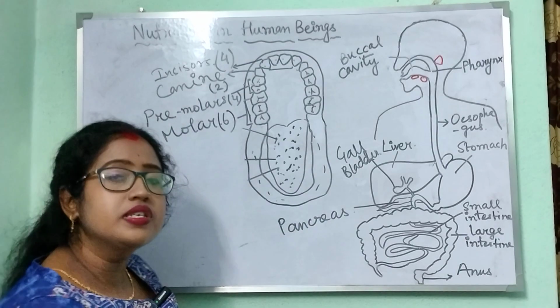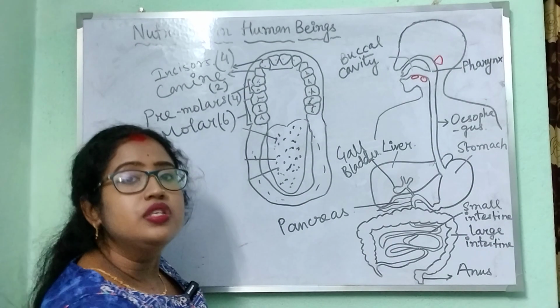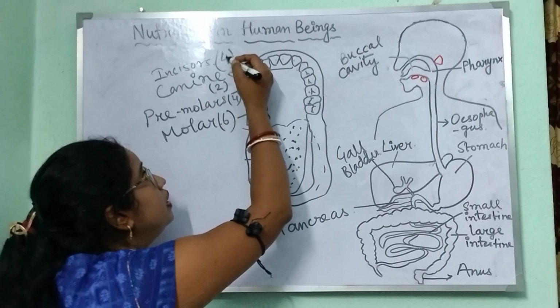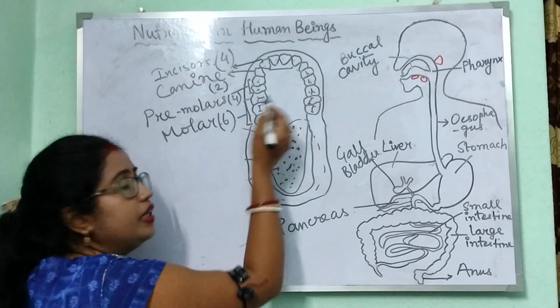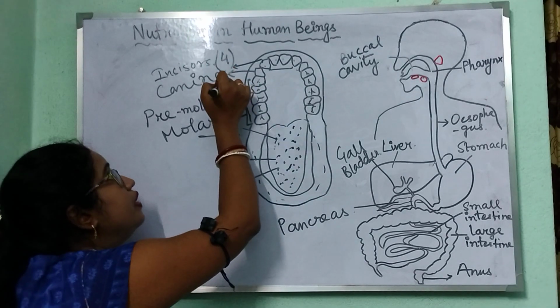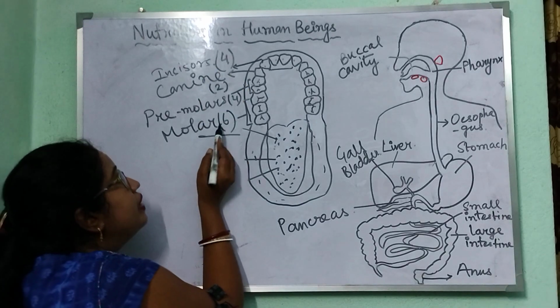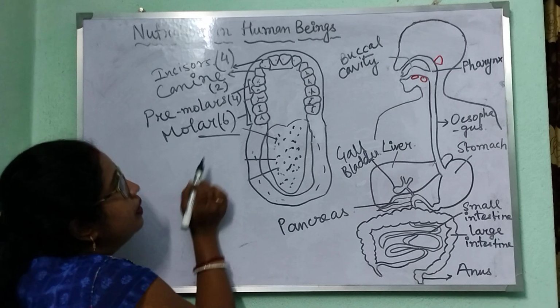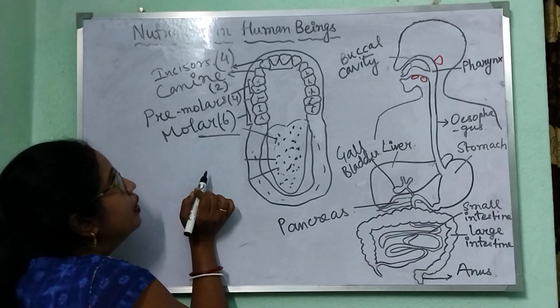So if we count the total number of teeth in each jaw, we have 4 incisors, then 2 canines, then 6 molars and 4 premolars.